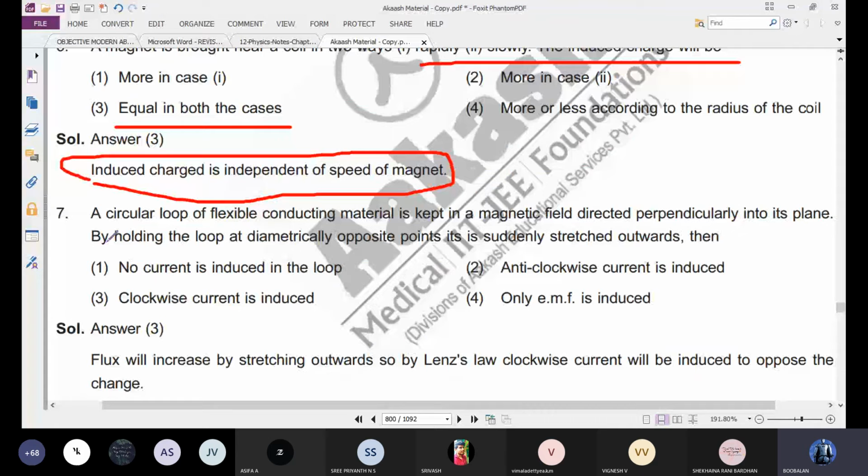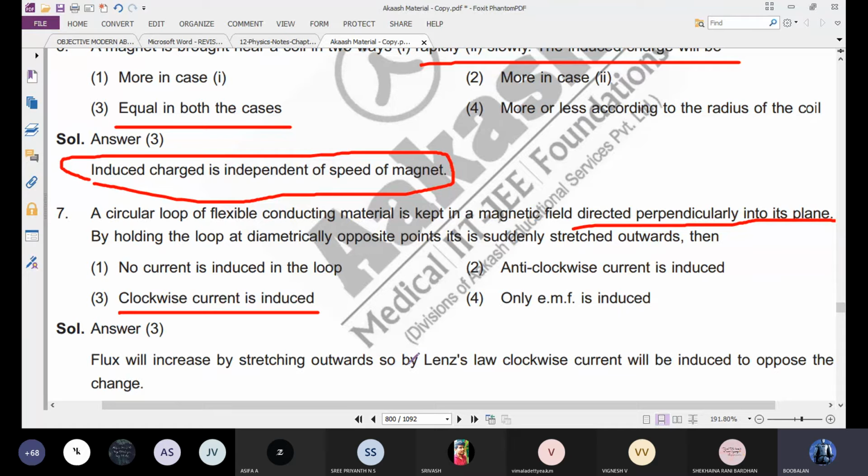Okay, next one. A circular loop of flexible conducting material is kept in a magnetic field directed perpendicular into the plane. By holding the loop at diametrically opposite points, it is suddenly stretched outward. The current induced is clockwise.